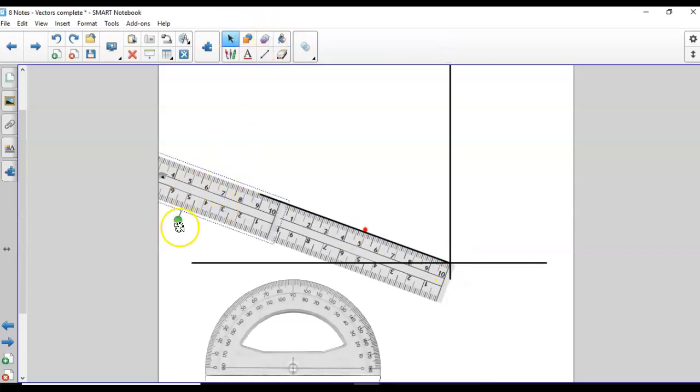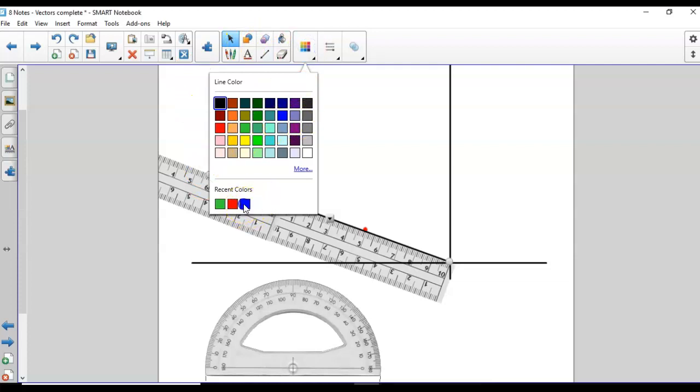Let's flip this one around. Well, I just have to count backwards. Alright, so let's see. 2, 3, 4. About right here. Pretty close. Okay. And let me fix that so it's color.